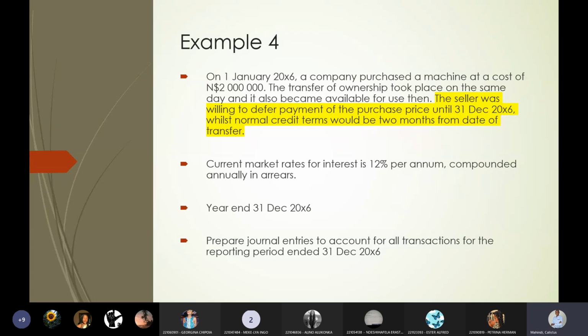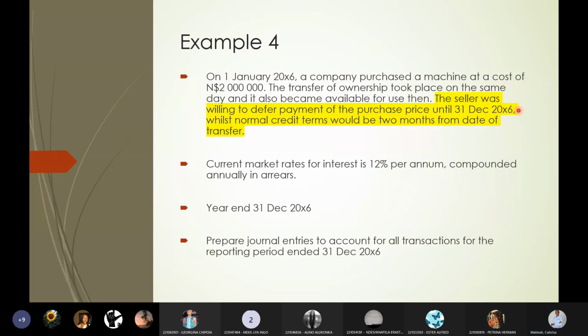Before looking at the other bullets, let's look at one important thing. The asset was bought on the 1st of January 20X6, but when is the payment supposed to be made? Only on 31 December 20X6.